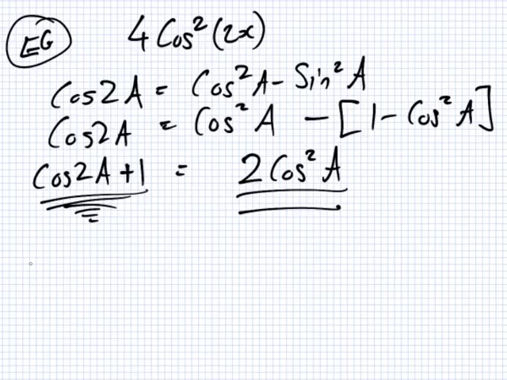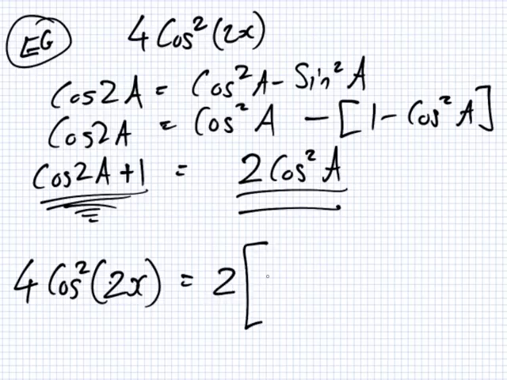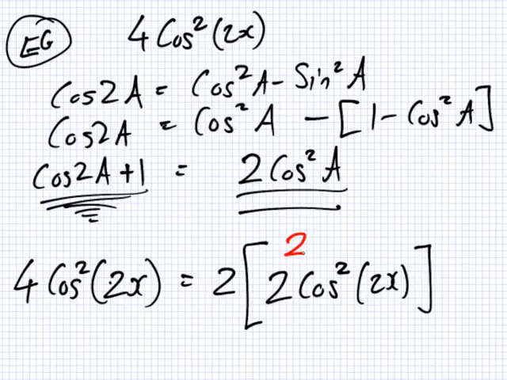Okay, back to the question. For cos squared 2x is equal to 2 bracket 2 cos squared 2x. So inside the bracket here is like 2 cos squared a. So what does 2 cos squared a equal? Cos 2a plus 1. So what would be cos 2a? 4x.